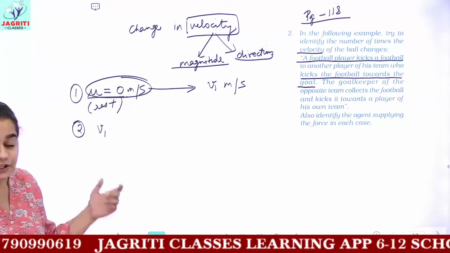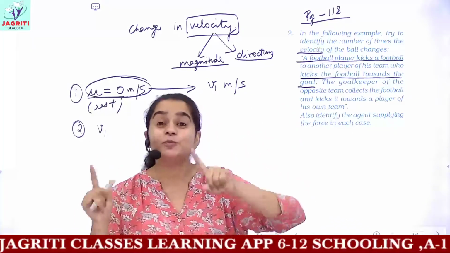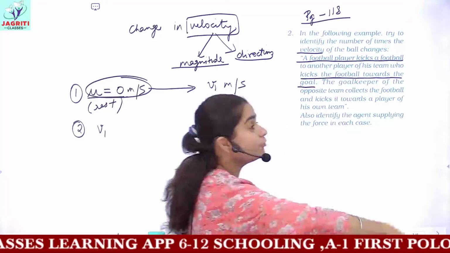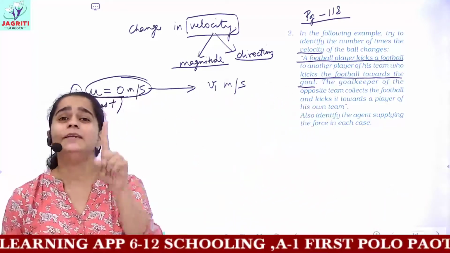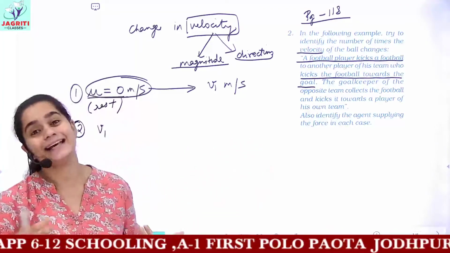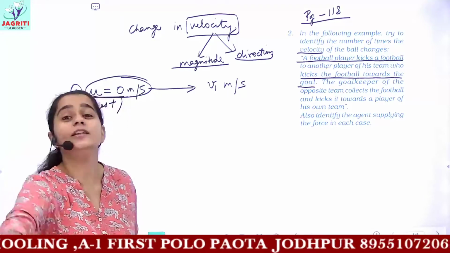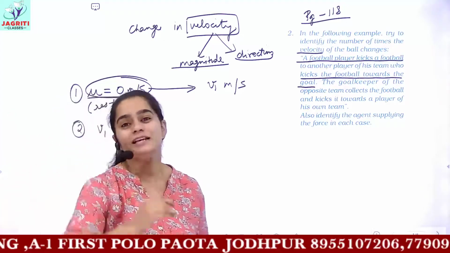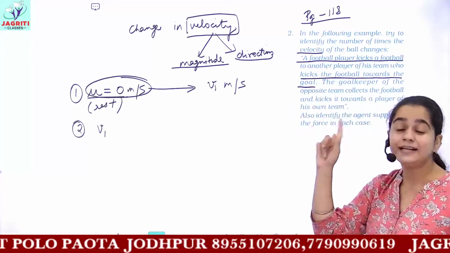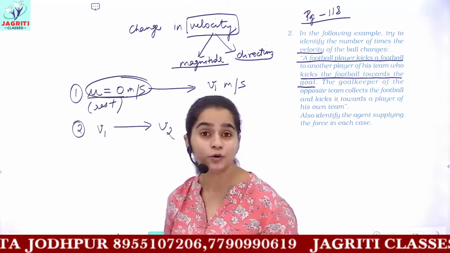When the football reached another player and this player again kicked the football towards the goal, it means the direction in which it was moving has changed. Because we have the change in direction, we'll say the velocity changed from v1 to v2.